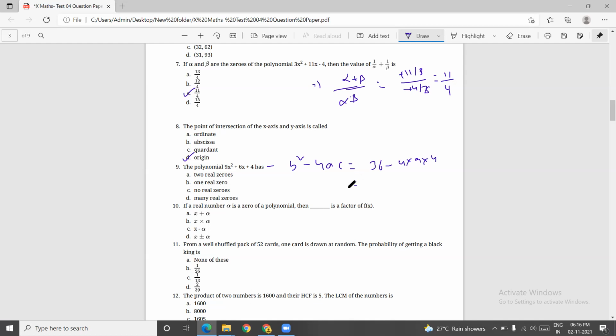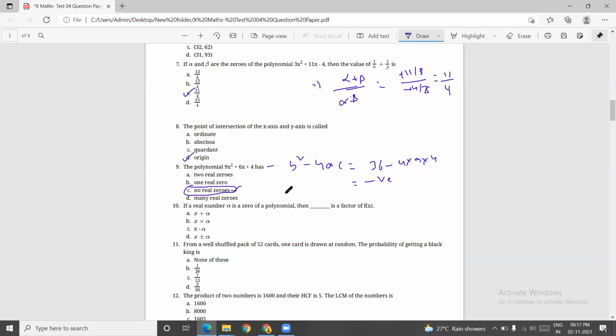I can say the answer is no real roots, no real zeros, because the discriminant is negative, and the root of a negative number is not real. So the answer is no real zeros.